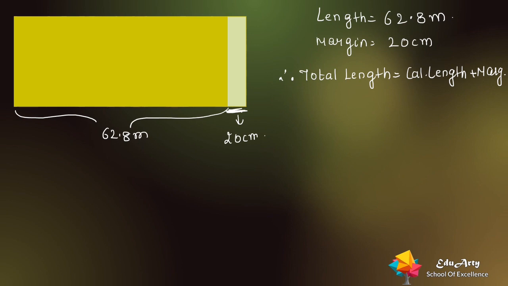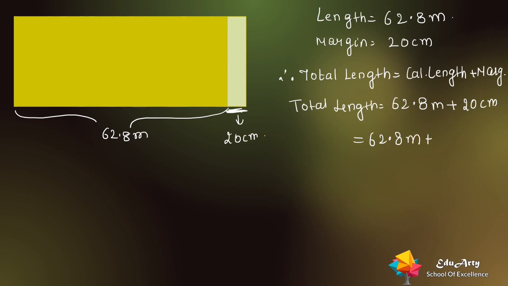That means total length is equal to calculated length, which is 62.8 meters, plus our 20 centimeters. How much will 20 centimeters be? That will be 62.8 meters plus 0.2 meters. Correct? Now if you add this, what do you get?